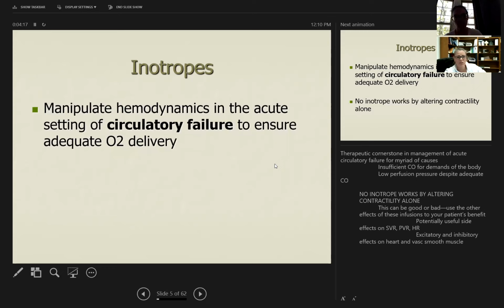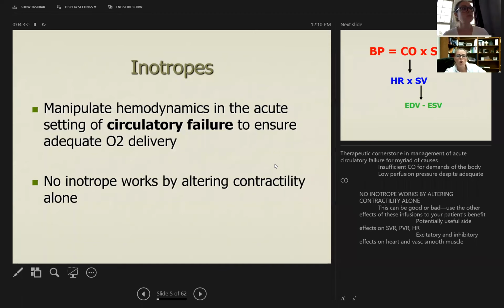So if you have insufficient cardiac output for the demands of the body, or you simply have low perfusion pressure despite an adequate cardiac output, you're going to use your inotropes to help manipulate those hemodynamics. It's going to be really important to remember that no inotrope works by altering contractility alone.